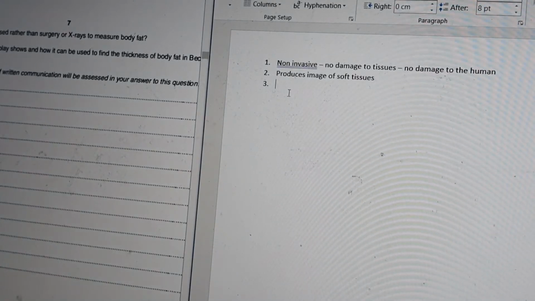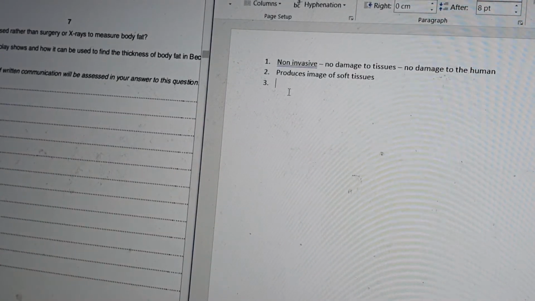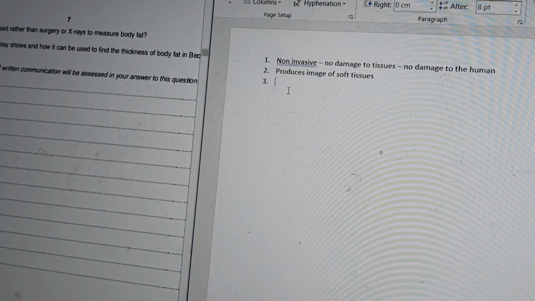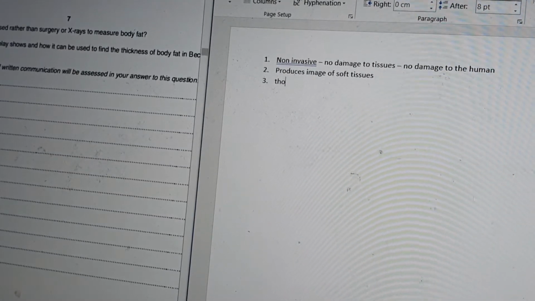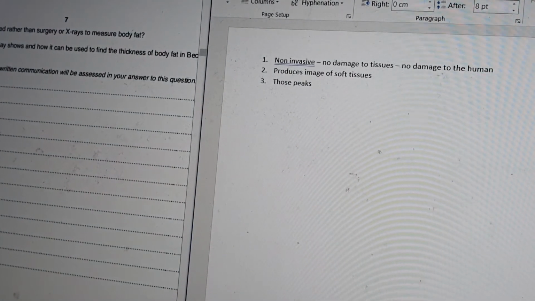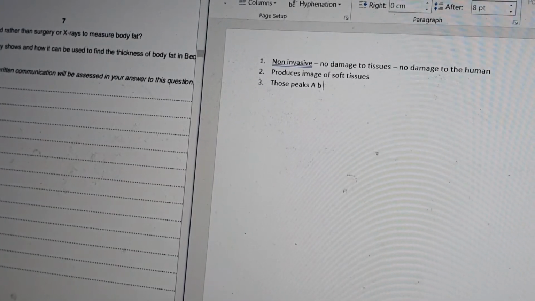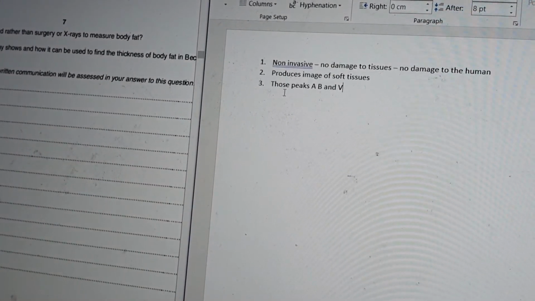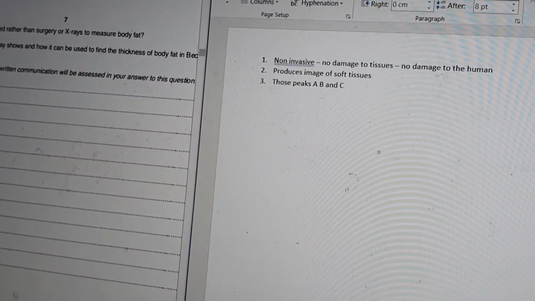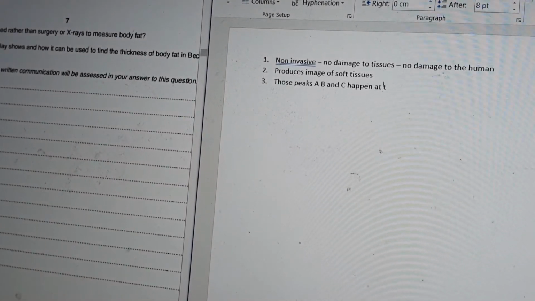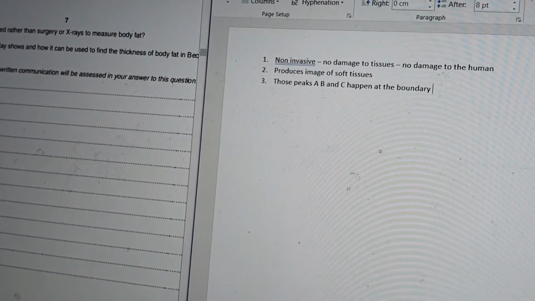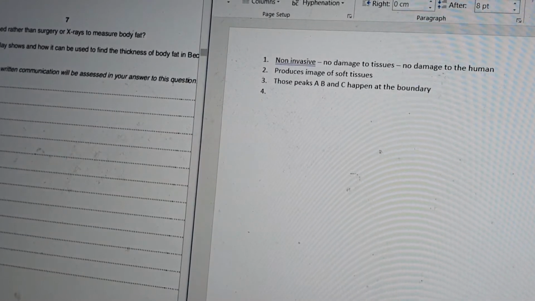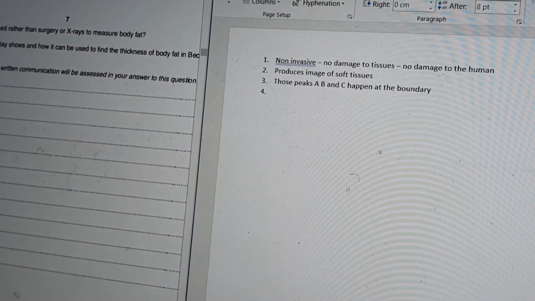Okay, so the third mark: explain what the display shows. We can say that the peak is at the boundary. So those peaks, A, B, and C, happen at the boundary, so the waves are reflected.